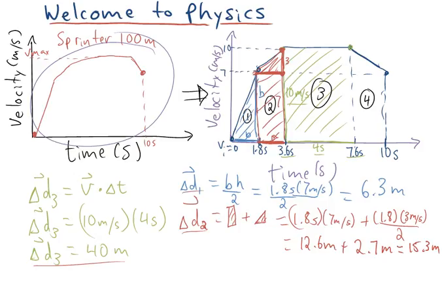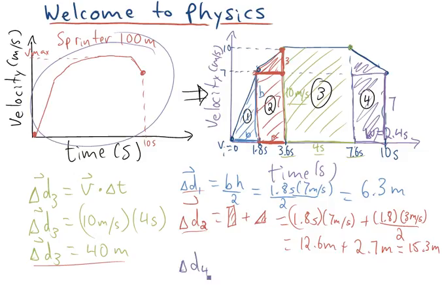The final phase I have to calculate for the sprinter is this final phase. In this case, we have a rectangle and a triangle again. This time my rectangle has a width equal to 2.4 seconds, and the height of this one is 7.